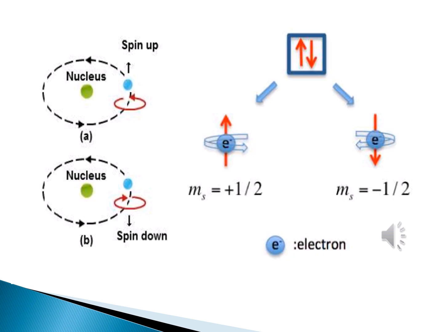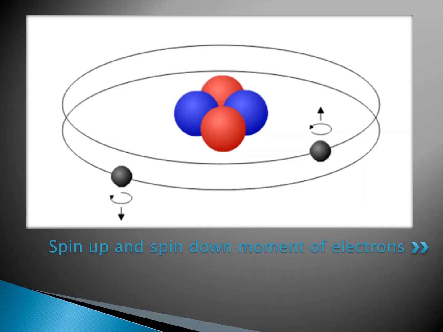The spin moment is a vector quantity because it has direction as well as magnitude. This is also a diagram showing two electrons, one with spin up and one with spin down.